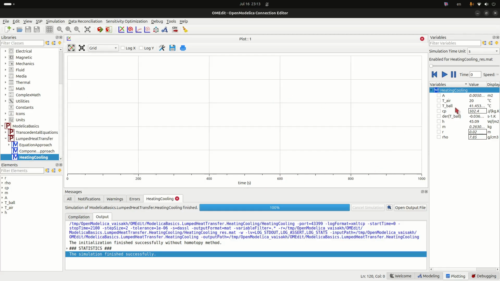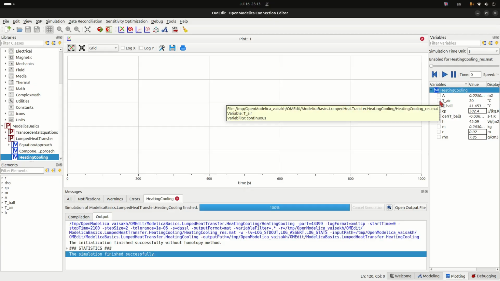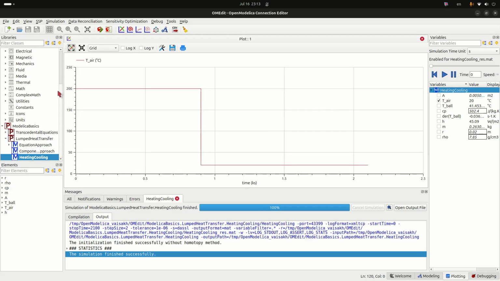So now let's see how the air temperature changes with respect to time. If you just click the variable T air, we can see the graph which states that the air temperature is 200 till we have the time of 900 seconds, that is 0.9 kiloseconds.